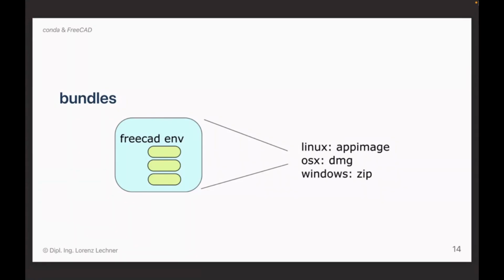So with bundles, it's possible to skip the whole process I explained before, installing conda and creating the environments, and it's possible to run FreeCAD directly. You just download the AppImage, DMG, or the zip file, make it executable and run FreeCAD.